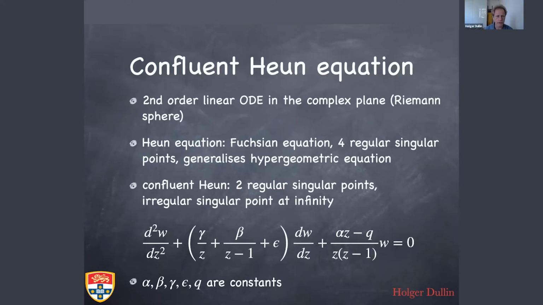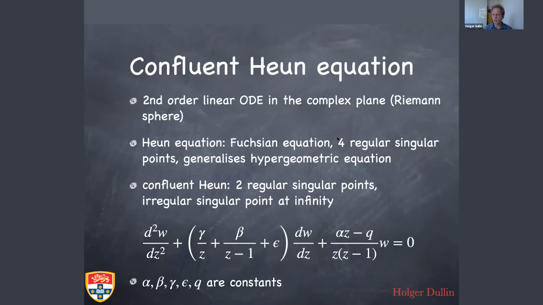Now the Confluent Heun equation. The Confluent Heun equation is a second order linear equation in the complex plane, or ideally, one should think of the Riemann sphere. And the Heun equation is a Fuchsian equation that has four regular singular points.